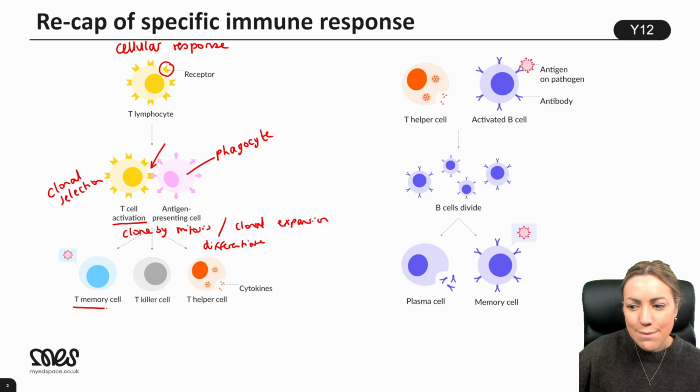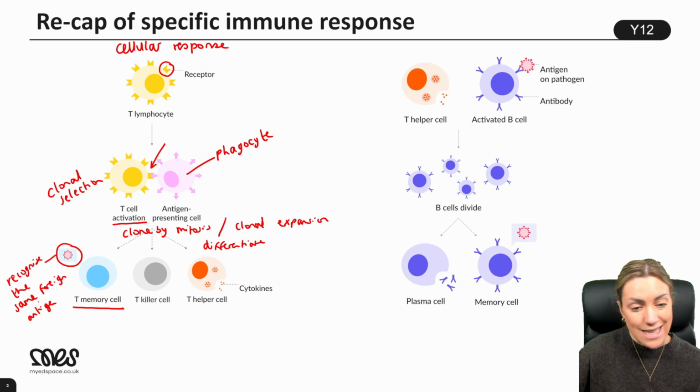So we've got the T memory cells. Now the T memory cells can basically recognize the same foreign antigen. So if you are infected with that same pathogen and they encounter that same foreign antigen again, they can quickly clone and differentiate to produce more killer T cells and more helper T cells.